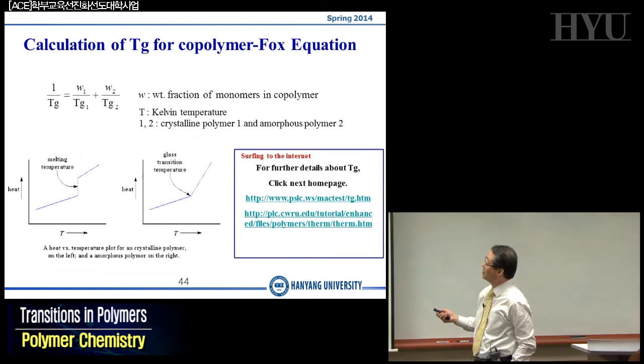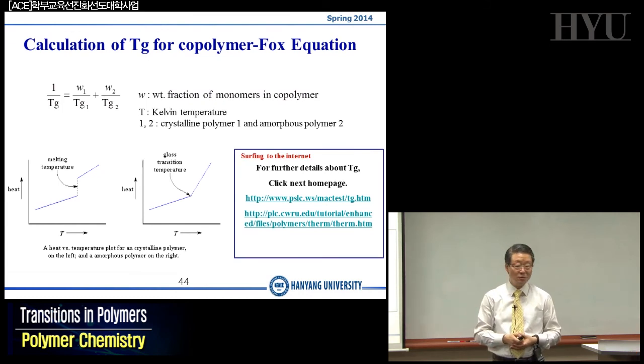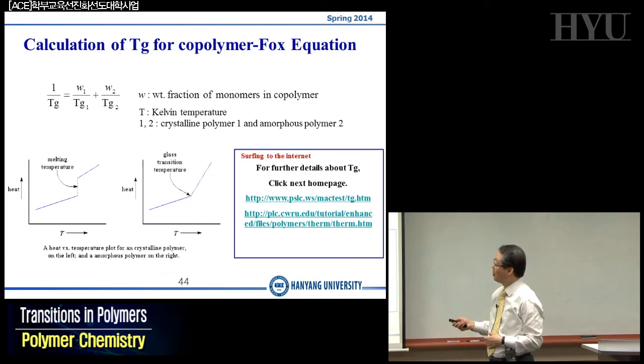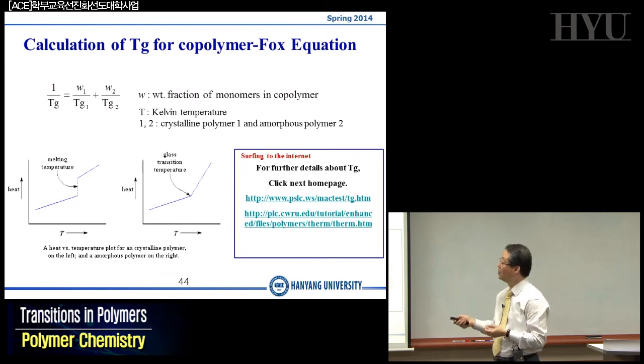Finally, I can show you the Fox equation for calculating the copolymer systems. If you have polymer 1 and polymer 2, and if you know the glass transition temperature of polymer 1 and polymer 2, and if you know the mixture of weight percent or mole fraction of those polymer 1 and polymer 2, you can calculate the glass transition temperature of the copolymer.